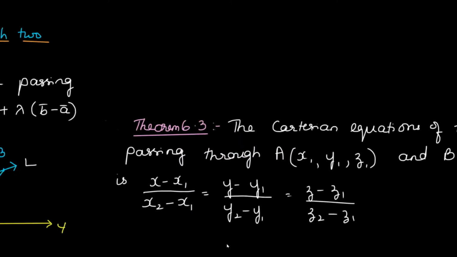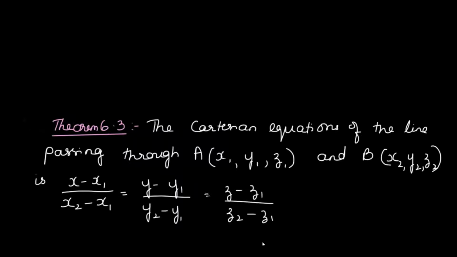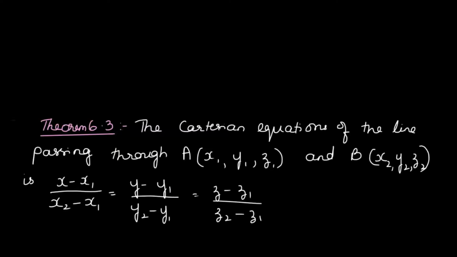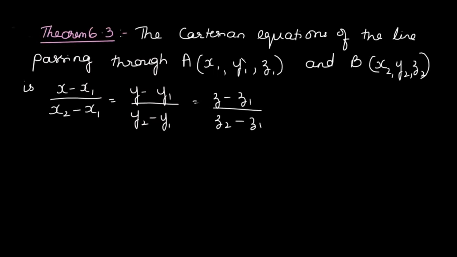With respect to the Cartesian equation, we go through theorem 6.3 over here. According to theorem 6.3, the Cartesian equations of the line passing through A having coordinates x1, y1, z1 and B having coordinates x2, y2, z2 is given as (x minus x1) upon (x2 minus x1) is equal to (y minus y1) upon (y2 minus y1), which is equal to (z minus z1) upon (z2 minus z1).